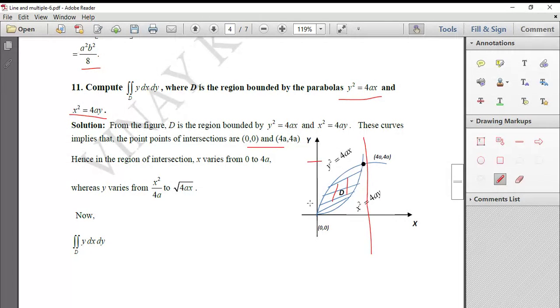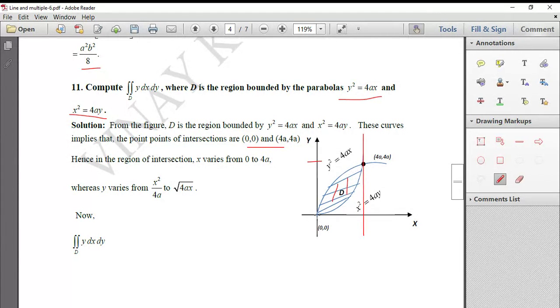But when you choose x varies from 0 to 4a, all these points will also come. But we don't want them. We want only from where to where? From here to here.